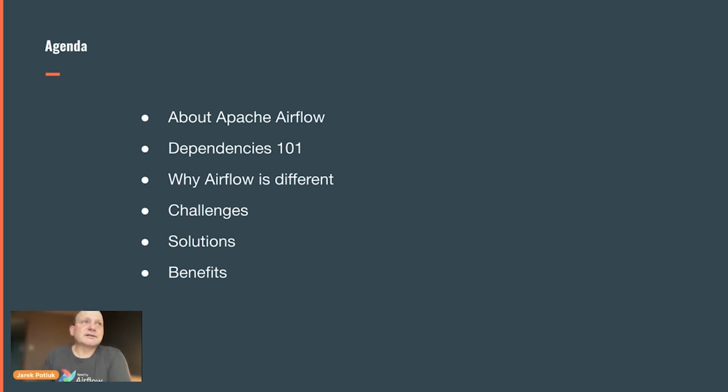I will explain the basics about the dependencies that you have to think about when you run a big project at scale, such as Airflow is, and explain a little bit about why Airflow is a little bit different than most of the projects, and what kind of challenges it has, and what kind of solutions we apply to solve those challenges. And at the end, I would like to summarize all the benefits that we get from applying the solutions that I will talk about.